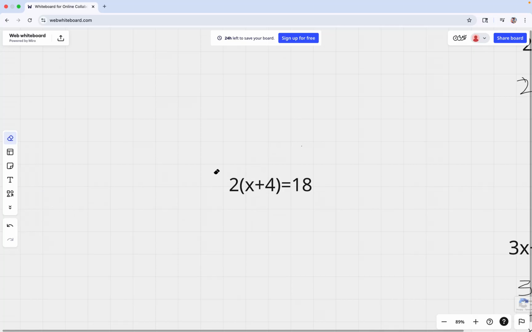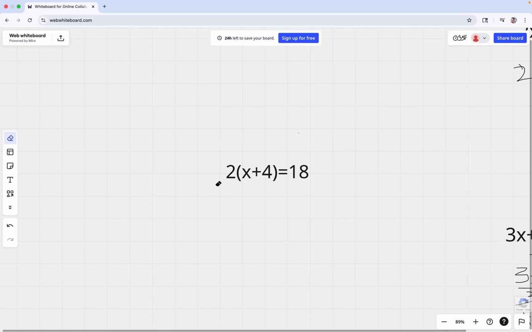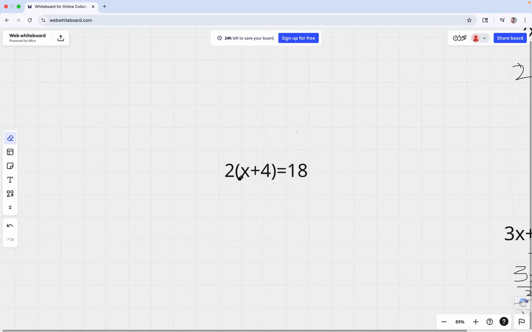So instead of doing that, we can just get rid of the parentheses by dividing this side by 2 and this side by 2. Because technically, what this side is saying is 2 times x plus 4. So if we divide that whole thing by 2, we basically cancel out the 2. And whatever we do to one side, we have to do to the other side, so we'll divide this by 2 also.